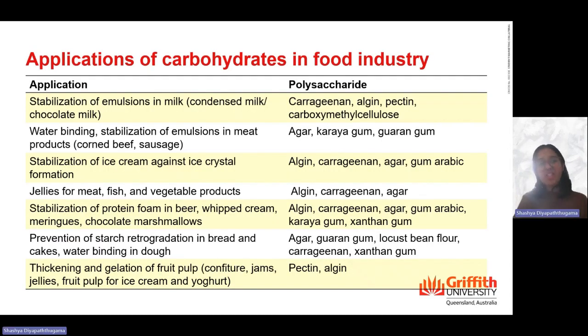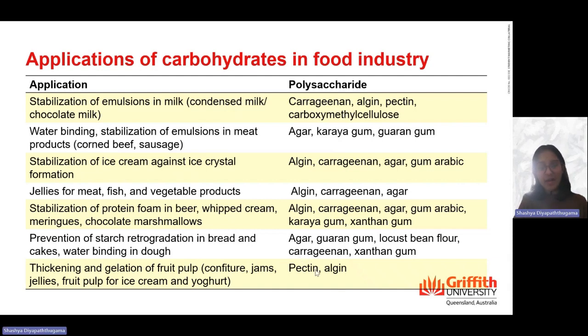Now let's talk about some other applications of carbohydrates in the food industry. Carbohydrates can be used for a wide variety of applications like stabilization of emulsion in milk, water binding, stabilization of emulsion in meat, stabilization of ice cream against ice crystal formation, jelly formation for meat, fish, and vegetable products, stabilization of protein foam in beer, whipped cream, meringue, chocolate marshmallows, prevention of starch retrogradation in bread and cake, water binding, and thickening.